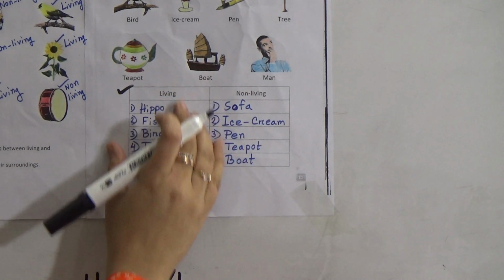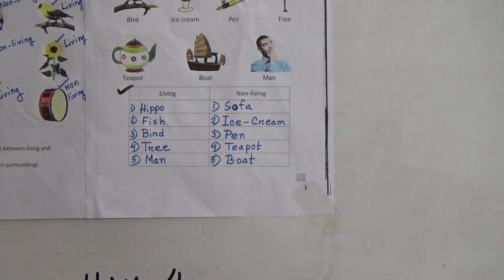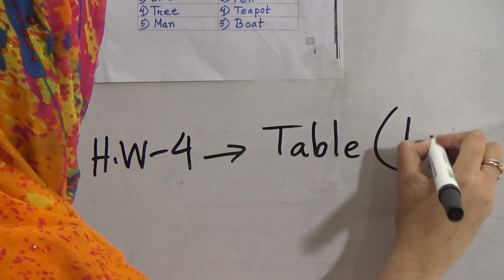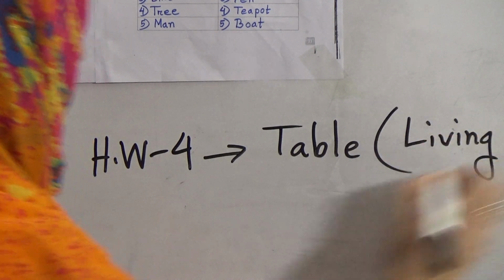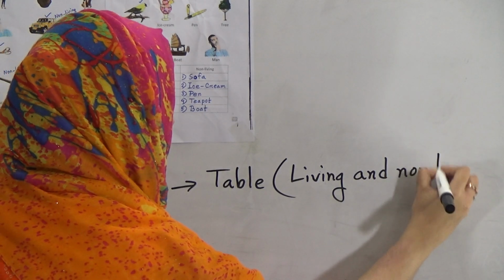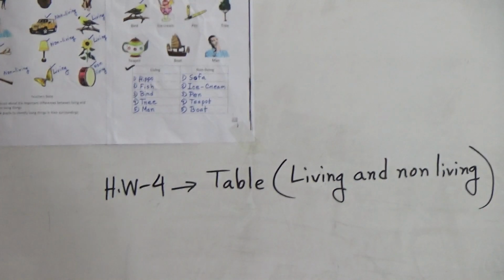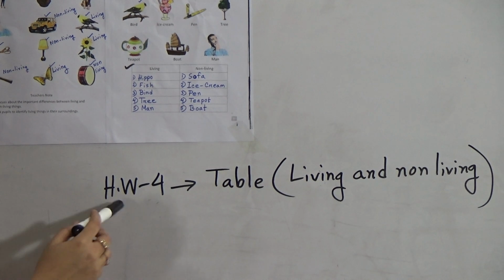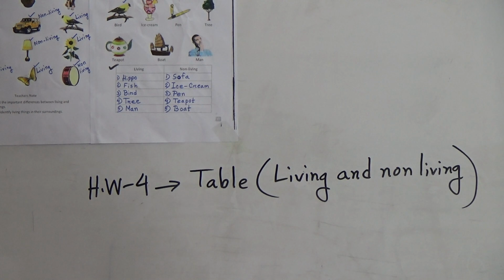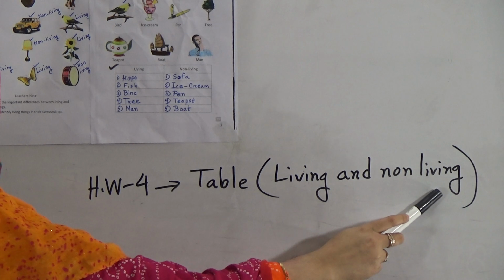You have to list up these living and non-living things like this. I am repeating your HW. Your HW today is number 4 HW, and your HW will be this table of living and non-living.